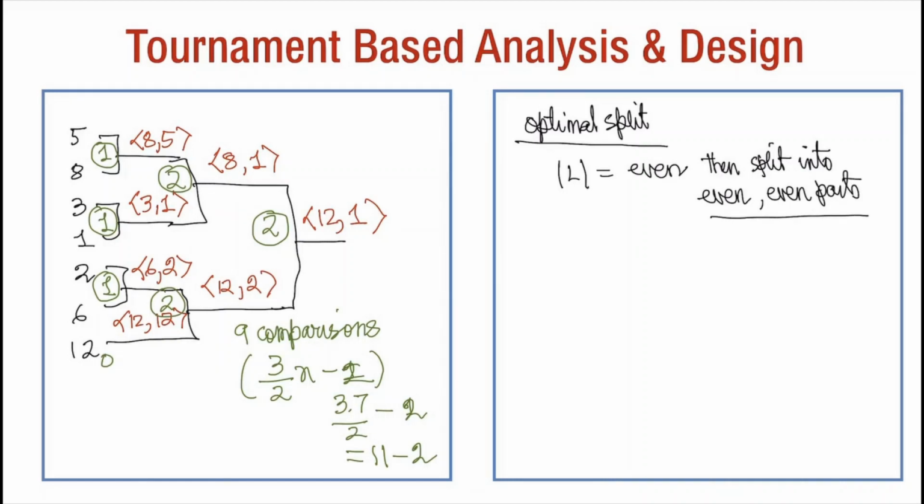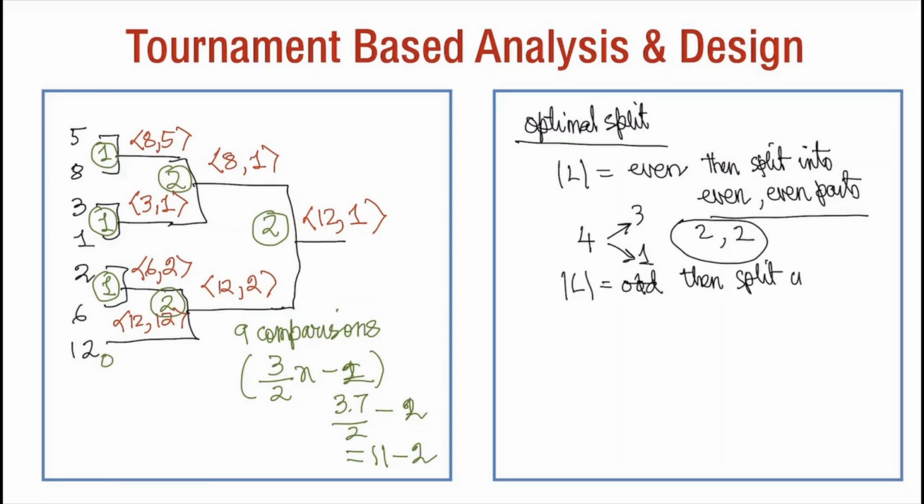That means if it is 4, then don't break it up into 3, 1. Break it up into 2, 2. This is better than 3, 1. And if L is odd, then split into even, odd.